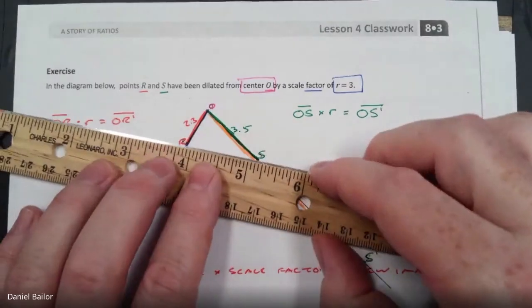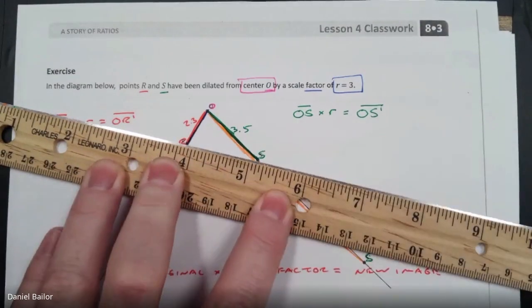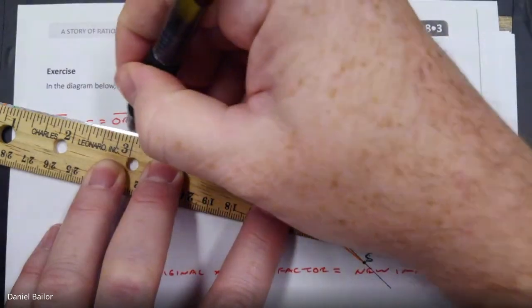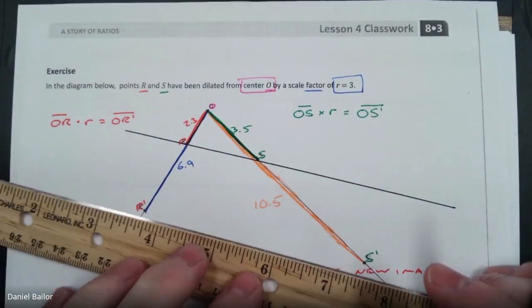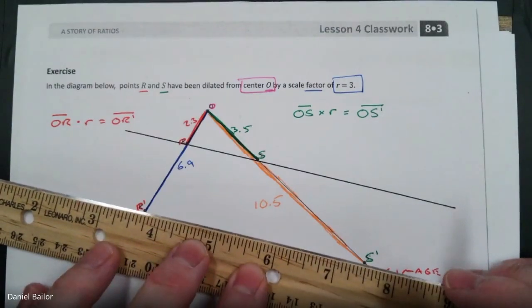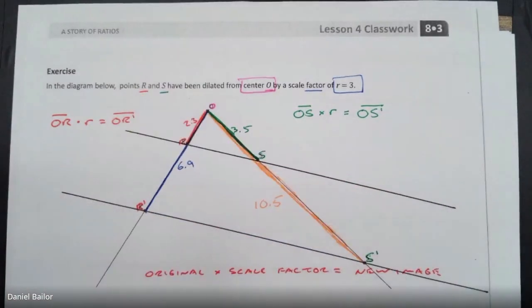So just get your ruler, connect R and S, and just draw a line through them just like that. And then connect R prime and S prime. Draw a line through them just like that. So we connect the lines. That is what we did.